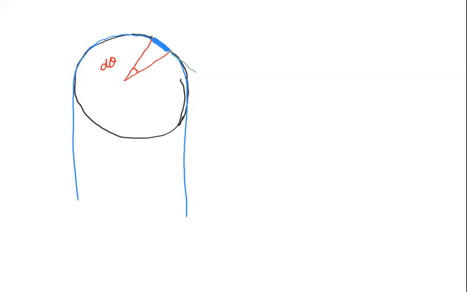So I will say that look, there must be a tension T here, okay, and there must be a tension T here. This is okay. This is what we have done until now. But there is a problem. And the problem is that since there is friction here as well between the rope and the pulley, which is a real world scenario, there is friction between rope and pulley.